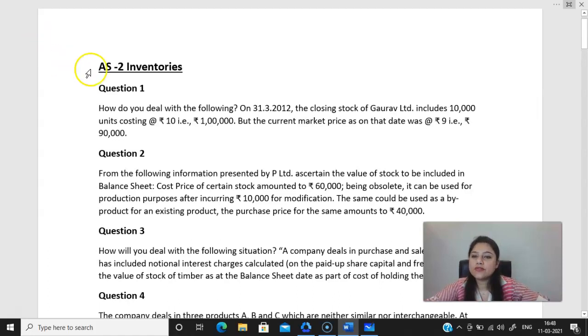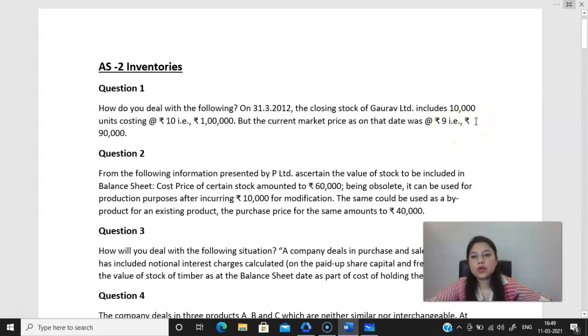Looking at the very first question, question number 1, which says, how do you deal with the following? On 31st March 2012, the closing stock of Gaurav Limited includes 10,000 units costing rupees 10, that is rupees 1 lakh, but the current market price as on that date was rupees 9, that is rupees 90,000.